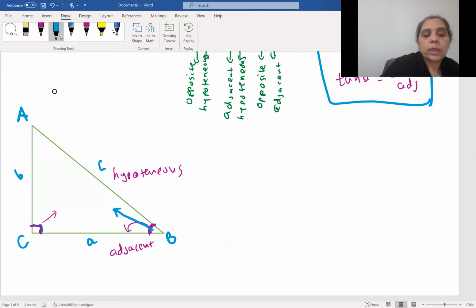So that's how you find the sine function. Next is cosine B, CAH: A is adjacent and H is hypotenuse, so we get a over c.